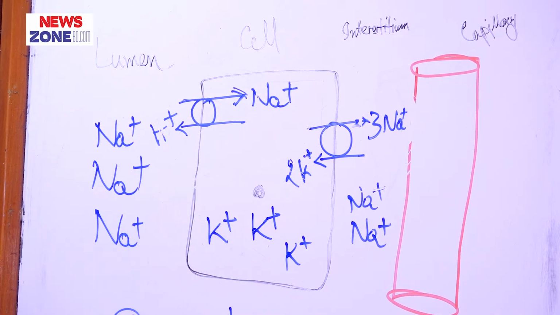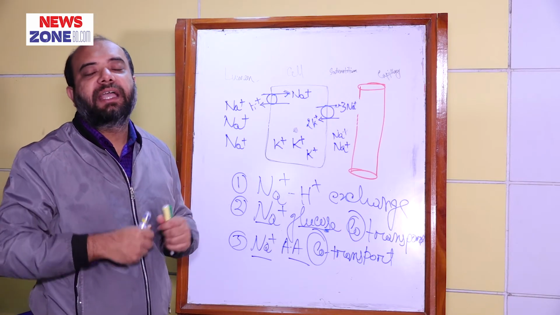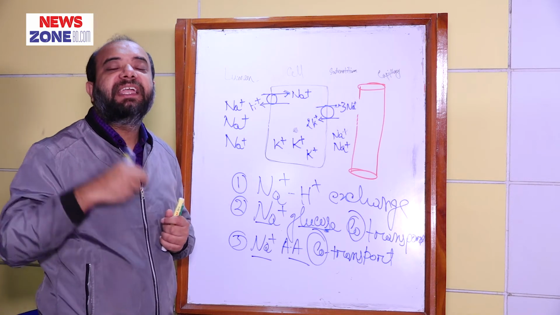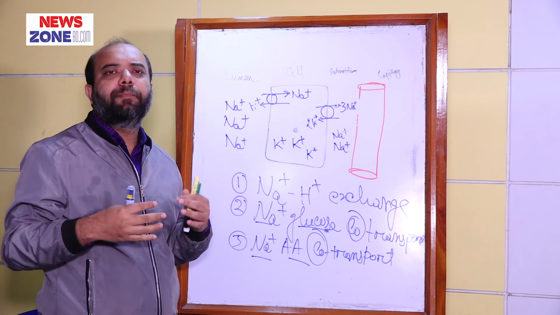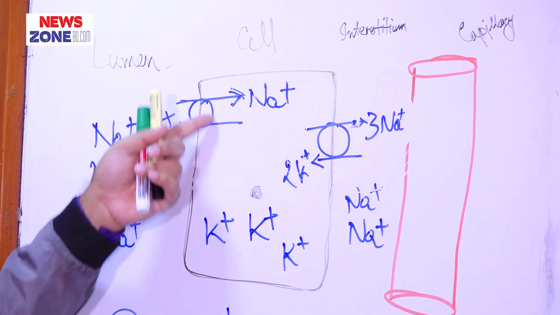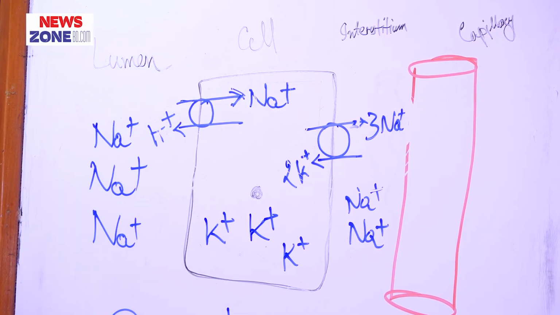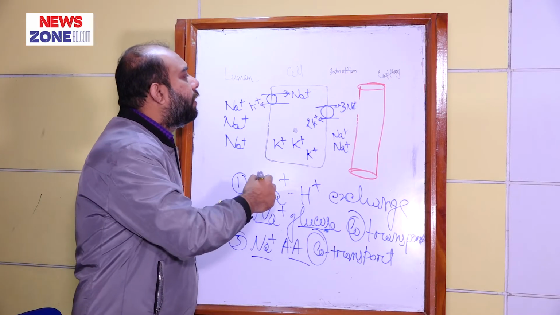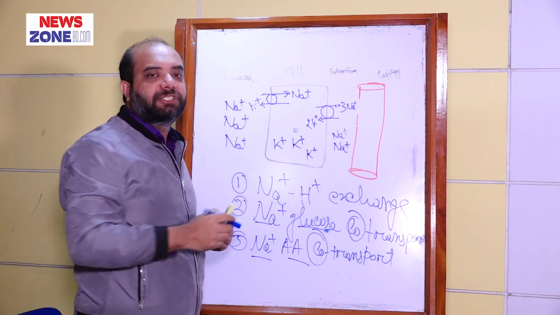But in case of secondary active transport, the energy is used indirectly. Indirectly means the driving force for this transportation system will be achieved from the primary active transport systems.